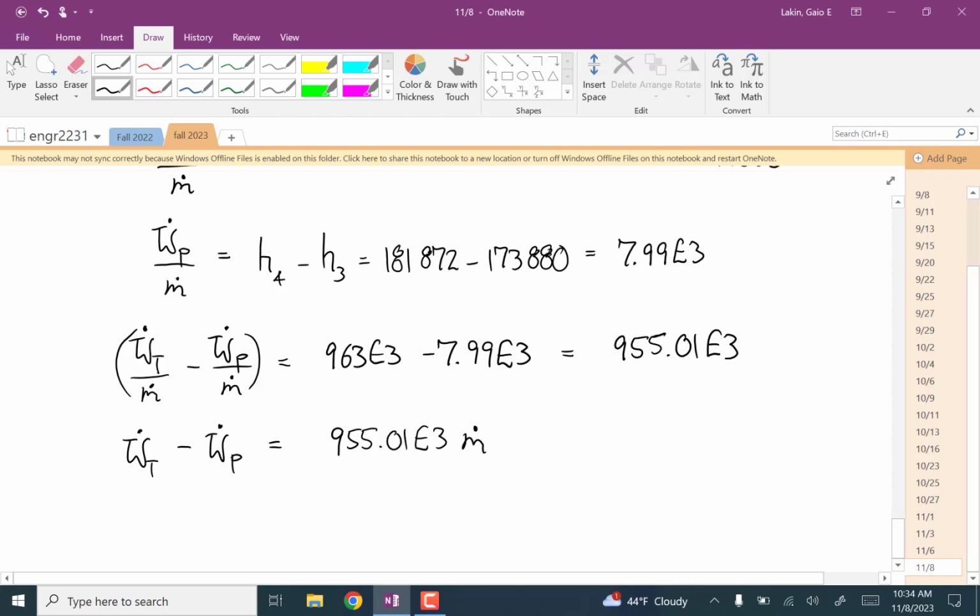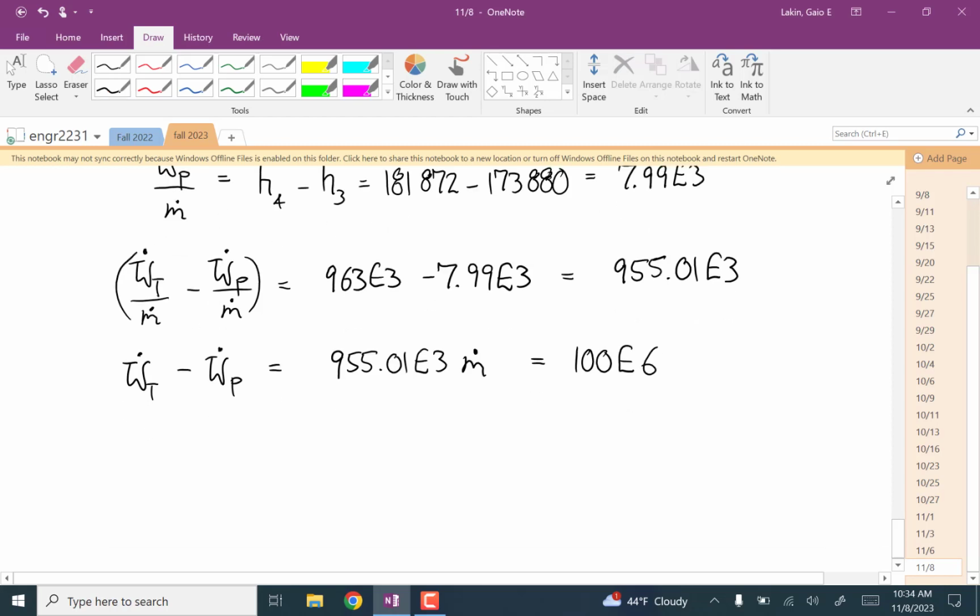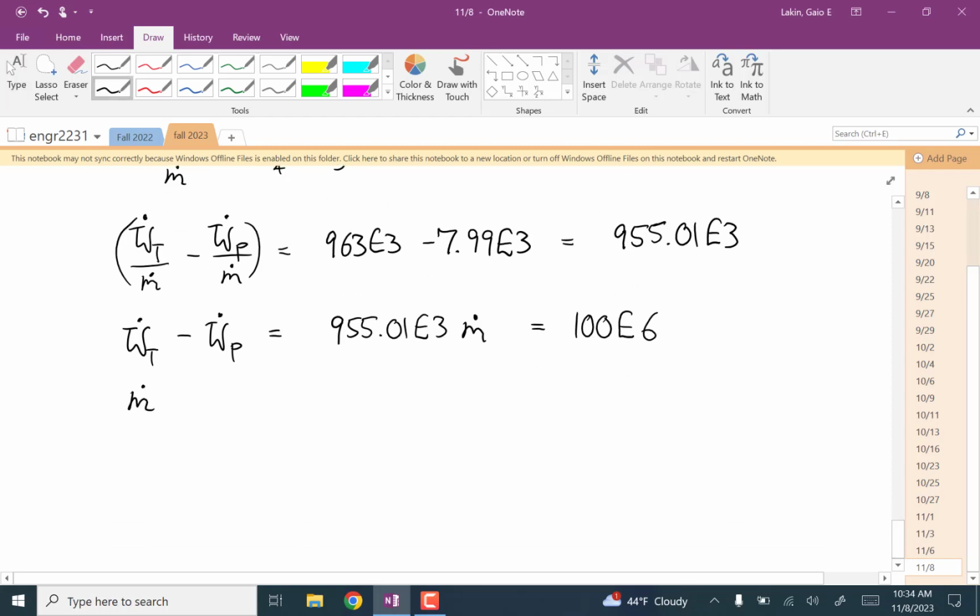And this is equal to 100 times 10 to the sixth. So M dot is 100 times 10 to the sixth divided by 955.01 times 10 to the third.